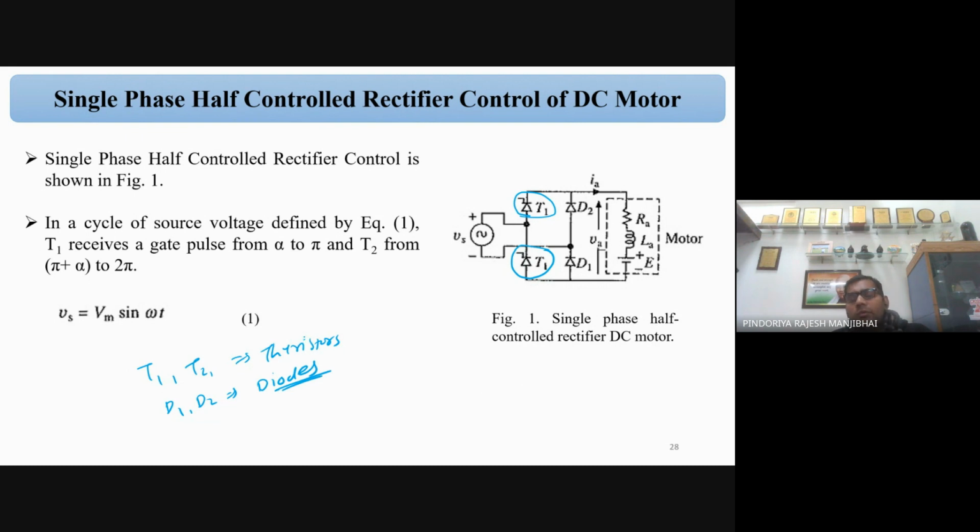So instead of four thyristors, we have two thyristors and two diodes. Similarly, we can connect the R, L, and E, that is your simple motor. Again the supply voltage is Vm sin omega t, similar to the previous case.